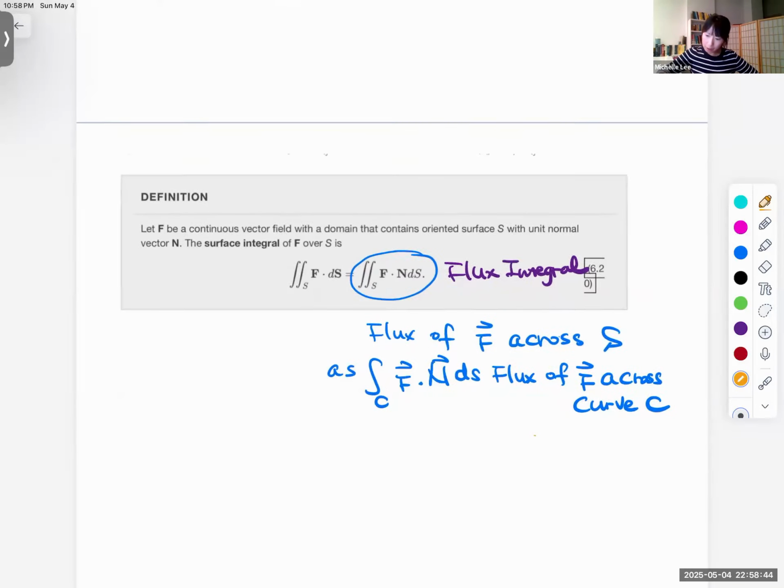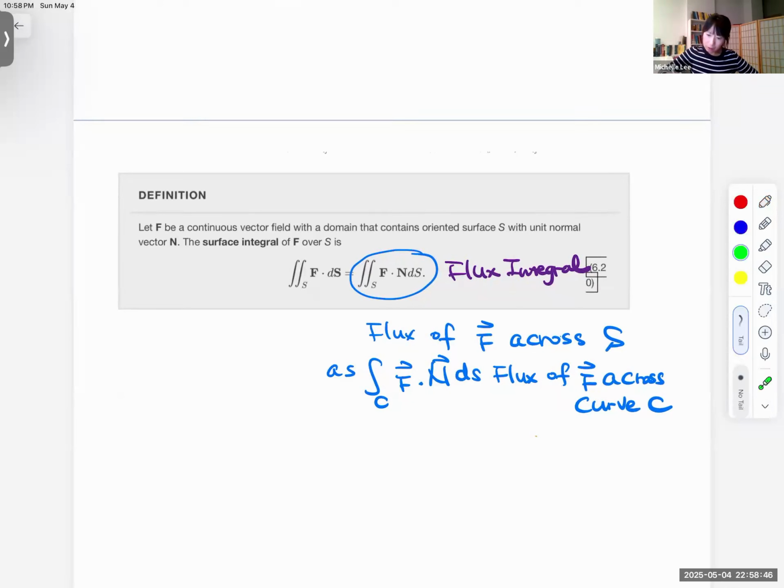Okay, so we have the second surface integral, the second type, I meant. So vector field. Okay, so we had earlier a scalar valued function, and this is a vector field.